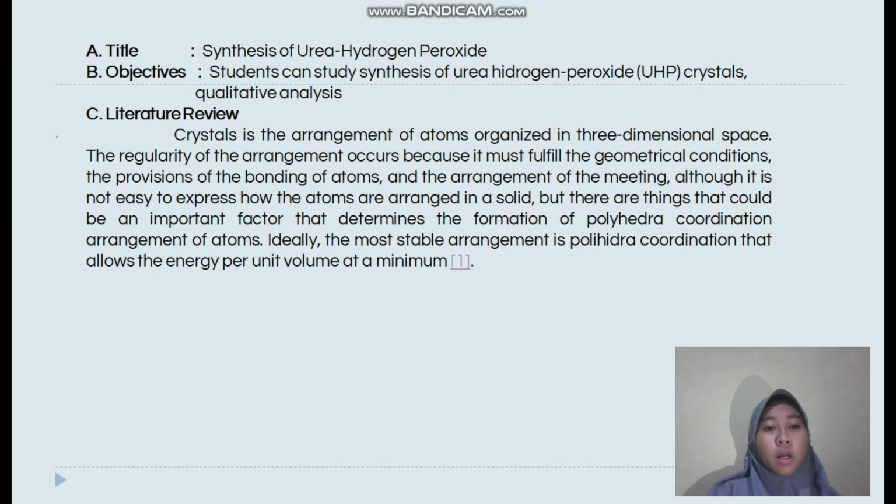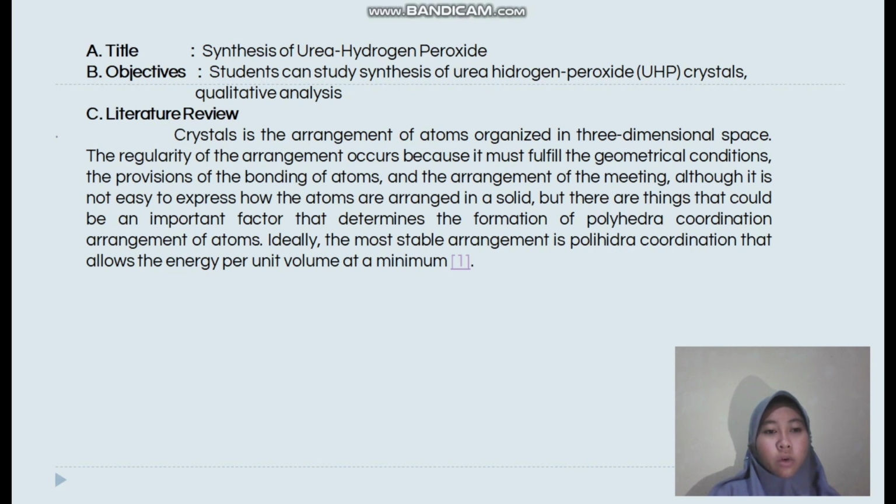Literature review: a crystal is an arrangement of atoms organized in three dimensions. The regularity of the arrangement occurs because it must fulfill the geometrical condition, the provision of the bonding of atoms, and the arrangement of the meeting.